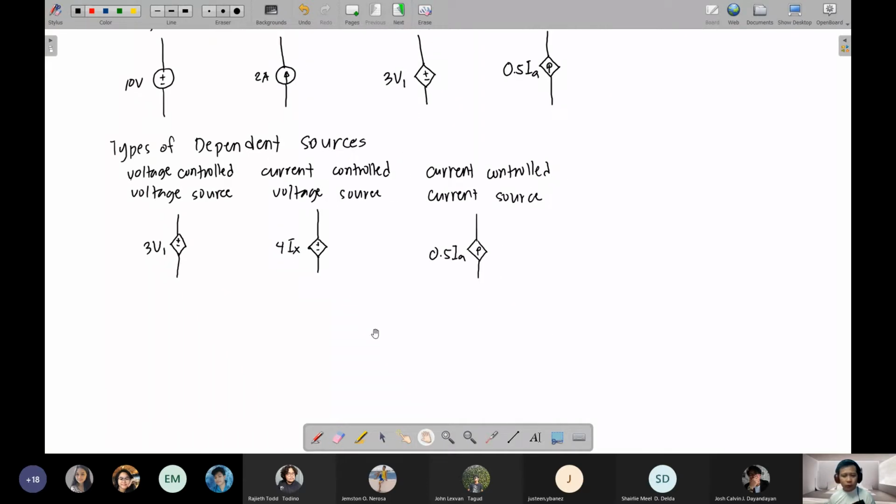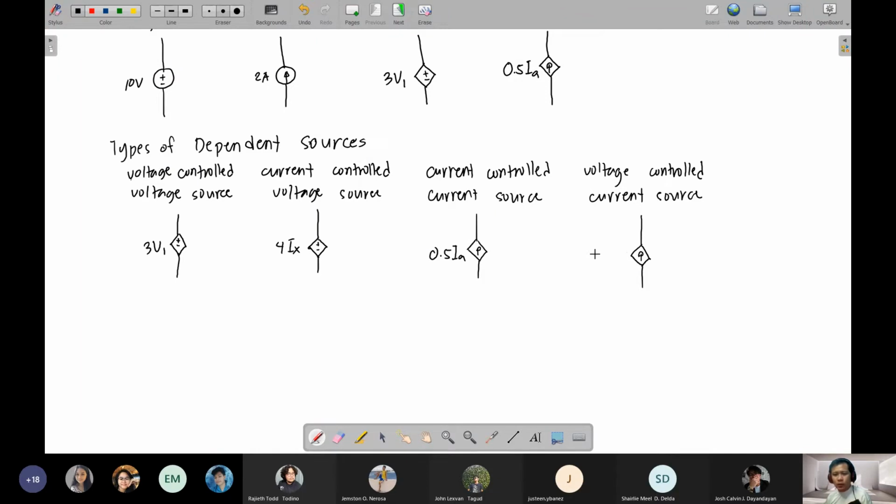But just like with a voltage source, you also have a voltage controlled current source. Okay, so with this one, you have a dependent current source, but its value is dependent on a voltage.